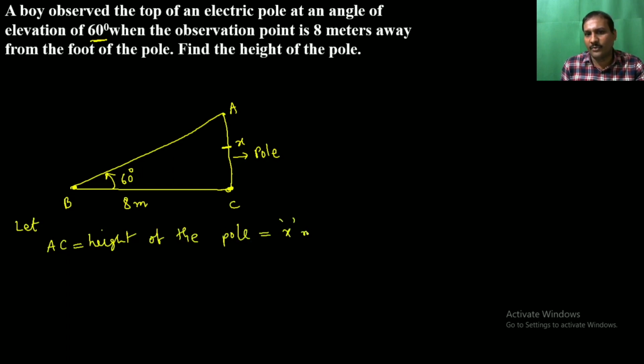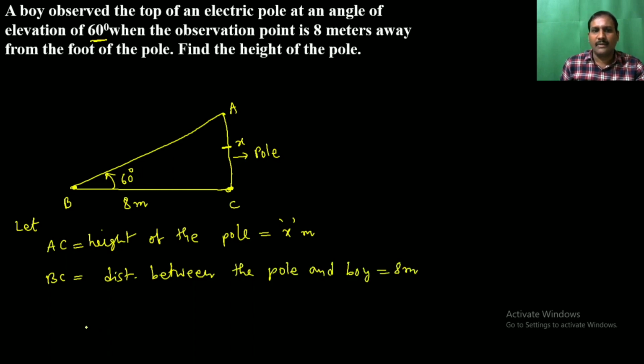That's what we have to find actually. Next, BC is equal to the distance between the pole and the boy. That is given. That is 8 meters. Now the angle of elevation, angle ABC, or you can say angle B simply, that is 60 degrees.